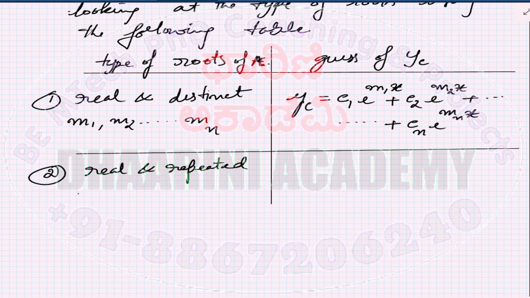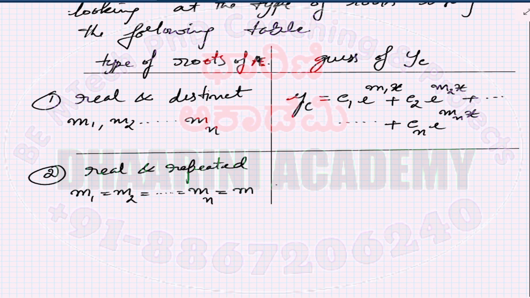In the sense, m1 equal to m2. For example, all roots are 2, 2, 2, 2. I have 4 roots, all are 2. It's of that type: m1 equal to m2 equal to m3 equal to m4. Every root, let us assume, is the same, mn equal to a constant value, say m. Some m is 2, something like that.